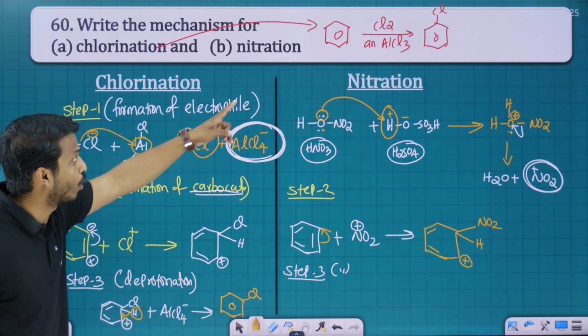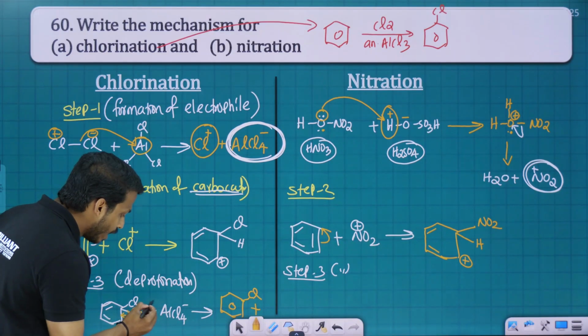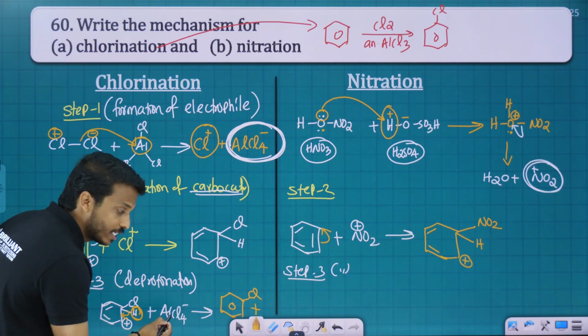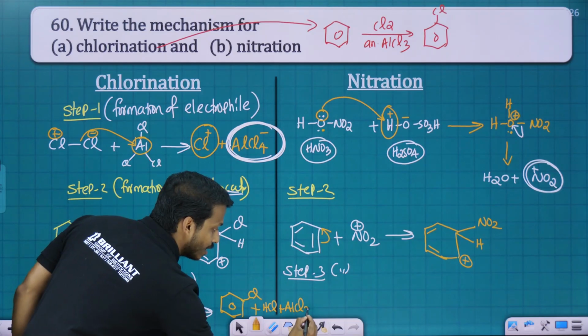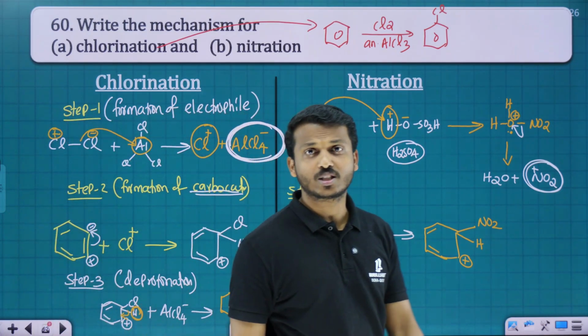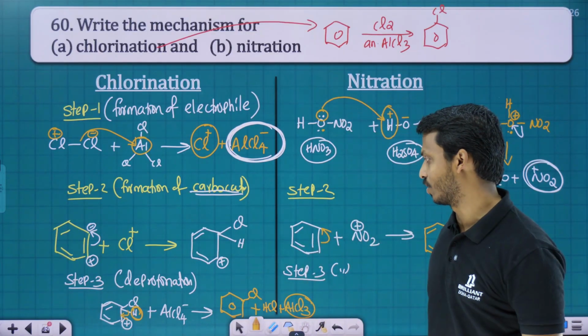So you got our product, chlorobenzene. What are the byproducts? This hydrogen combines with one of the Cl to give HCl, and the remaining is AlCl3. We got our catalyst back. What is a catalyst? Without being involved in the reaction, we can get it back after the reaction.